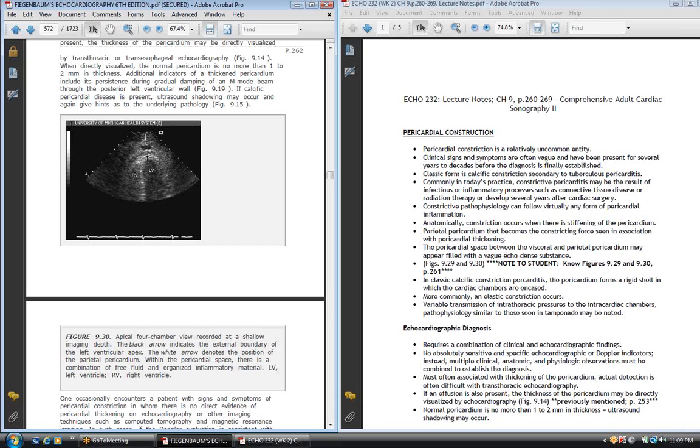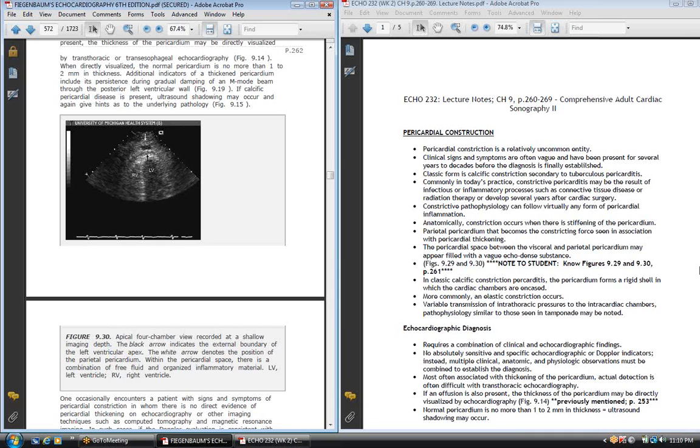The white arrow denotes the position of the parietal pericardium. There's a combination of free fluid and organized inflammatory material. This echo-dense material is not free fluid like the black area. That's organized inflammatory material.